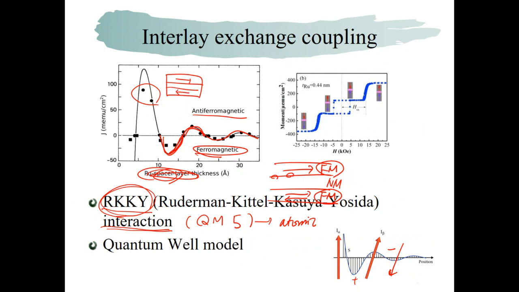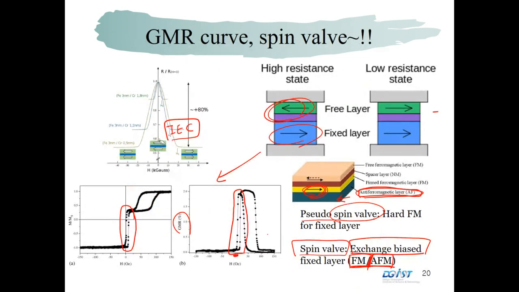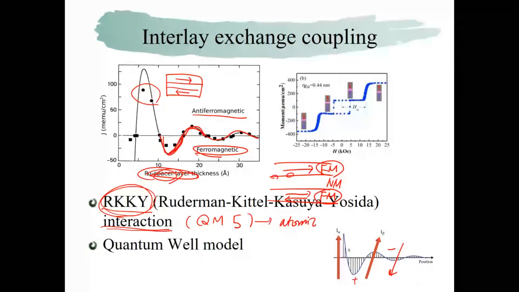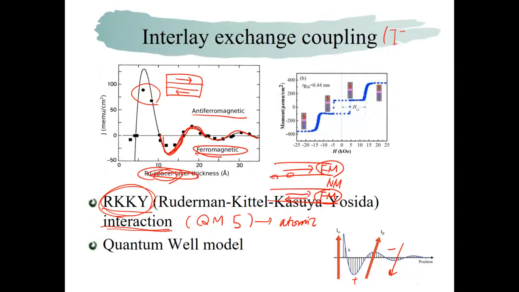Then when we increase the external magnetic field, they start out with this anti-ferromagnetic coupling, but as the field increases, eventually they are going to be aligned parallel. Okay, that's the very important thing in spintronics called the inter-layer exchange coupling.